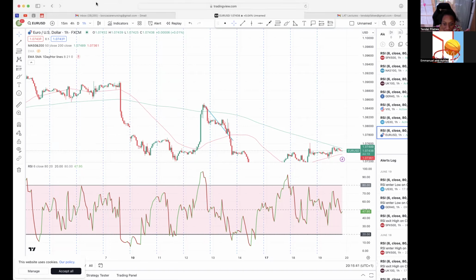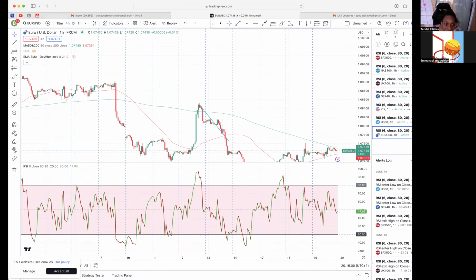It might seem like a lot of work, but from where we started, it was 5 o'clock. To get to our target, it was the following day at 6 o'clock. So exactly 24 hours. It took exactly 24 hours for our target to be reached. So actual duration, 24 hours.